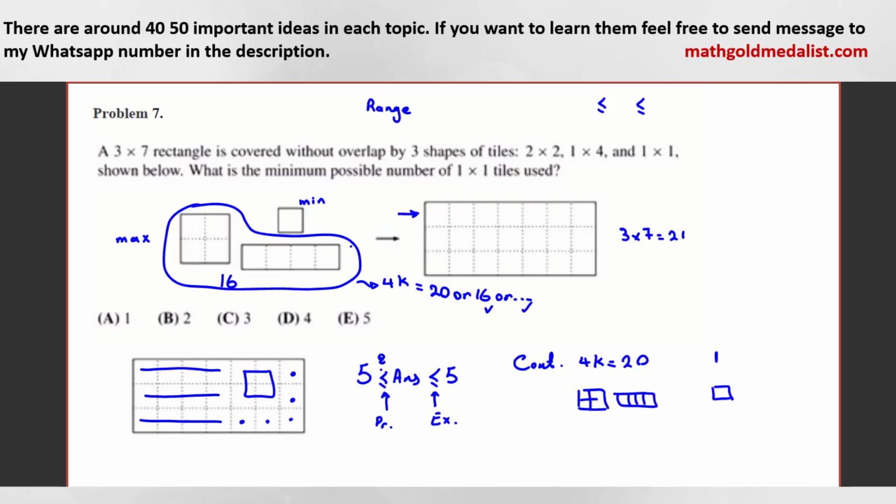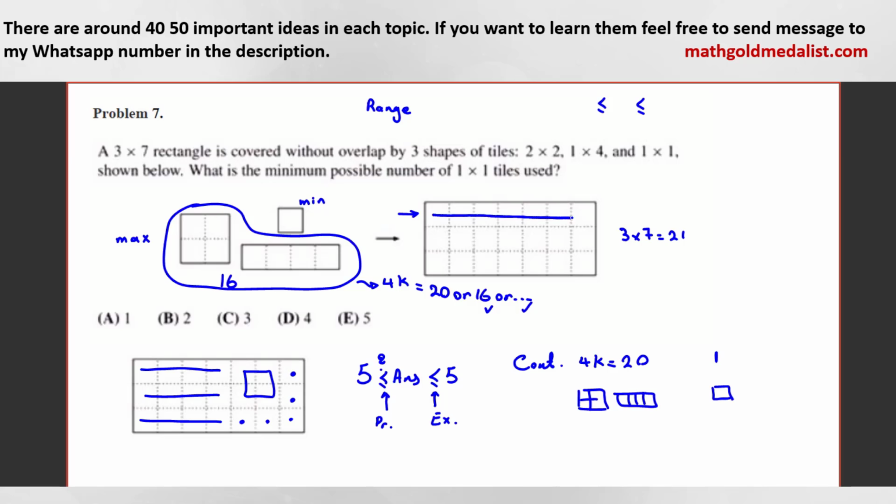If we consider each row, we want to see how many cells we can cover at most by using these two tiles. If you see, this tile selects 2 adjacent cells. This tile selects 4 adjacent cells. So we can select 2 or 4. But here, how many cells are there? 7.